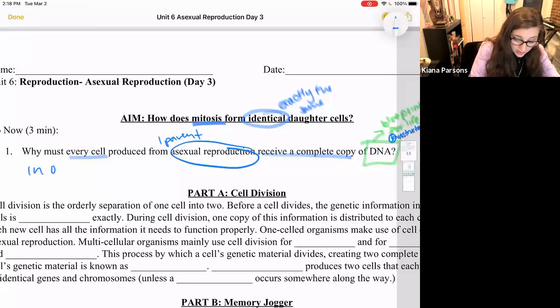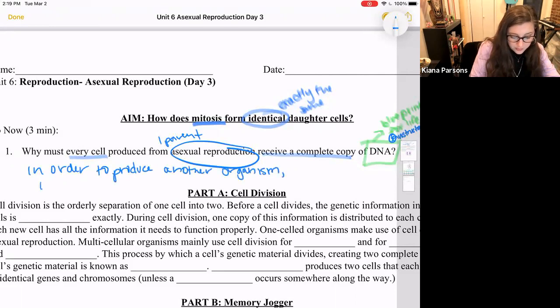So in order to produce another organism, it needs DNA, and asexual reproduction is only one parent.